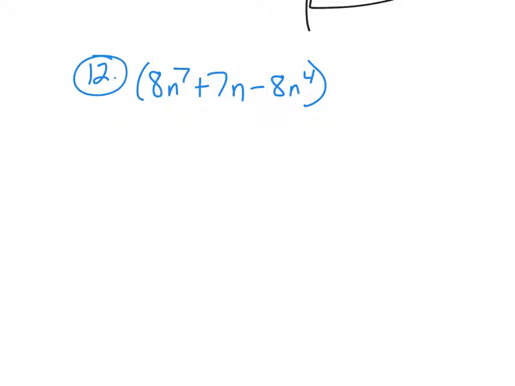And we're adding to that 2n to the 4th plus 2n to the 7th. I have to darken that down a little bit. There. And plus 6n.